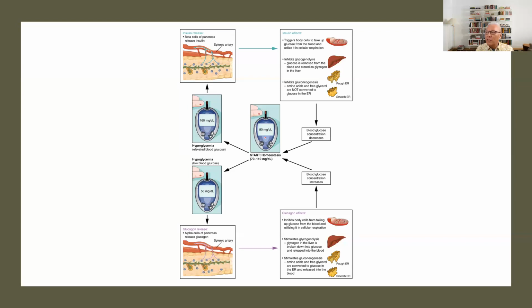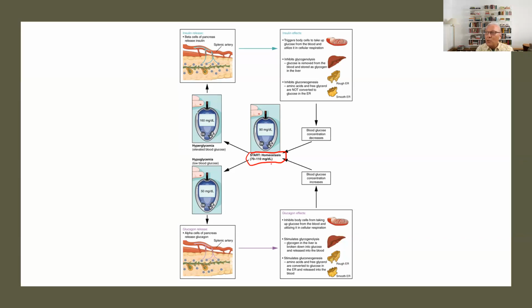The blood glucose concentration is usually going to be maintained at a level between 70 milligrams per deciliter to 110 milligrams per deciliter. So this is the normal range of blood glucose in the body.